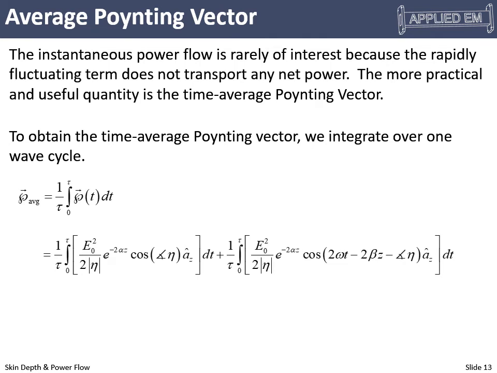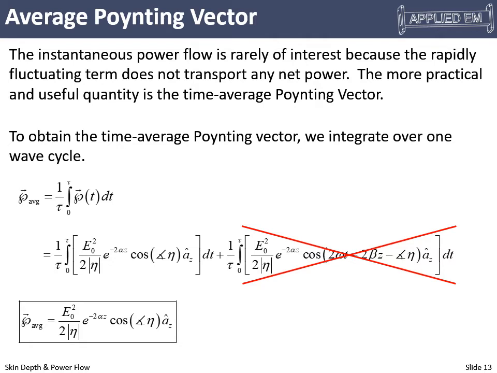We plug in our expression for the Poynting vector that had our two terms. Those separate into two different terms. When we integrate a cosine, that's just as often positive as it is negative, and so that will cancel out. That becomes zero. We're just left with the term on the left that we have not yet integrated.